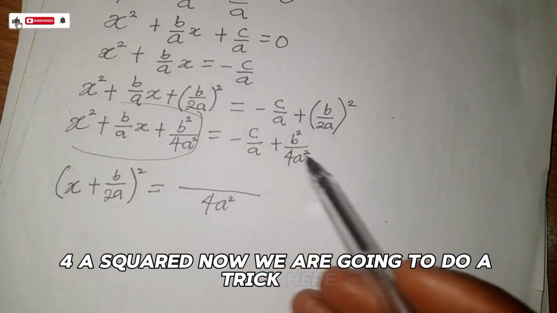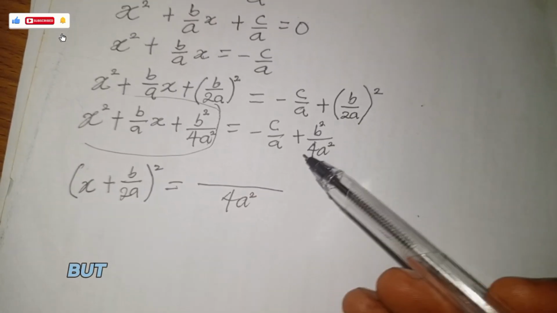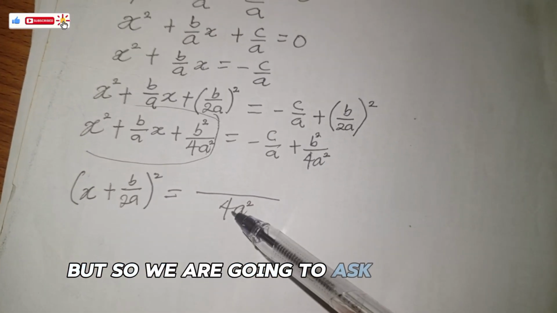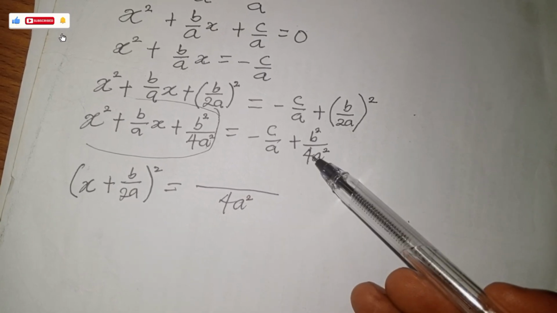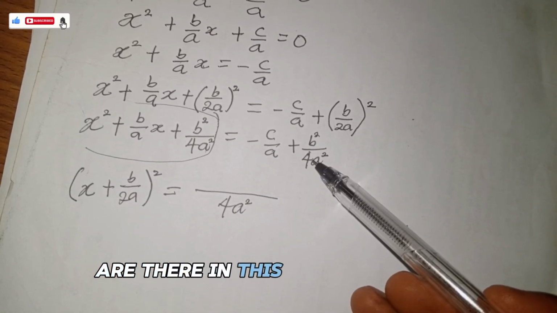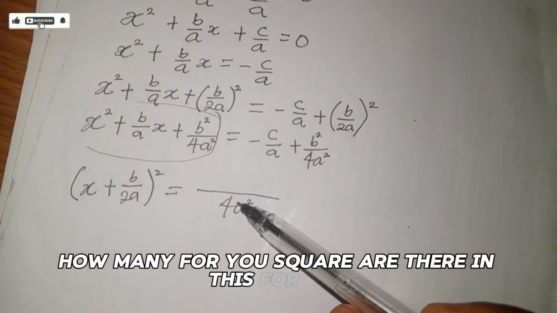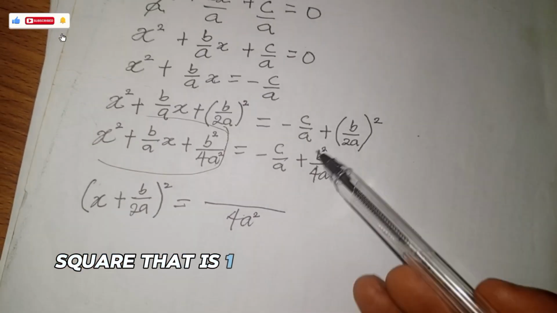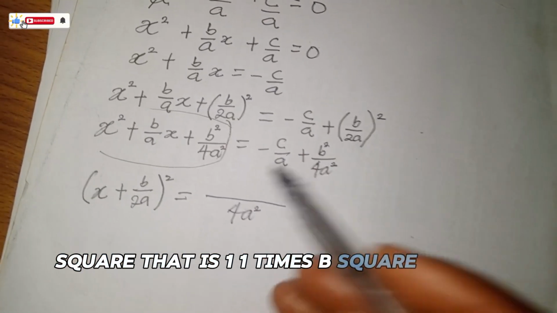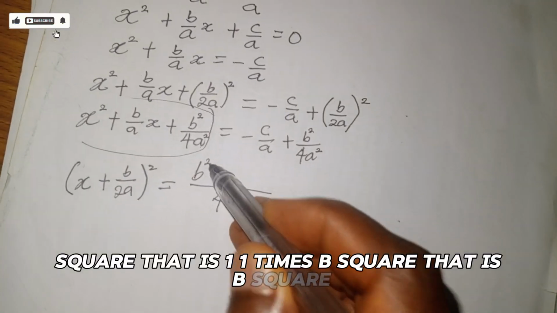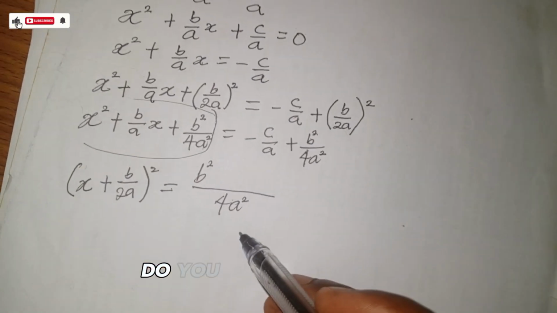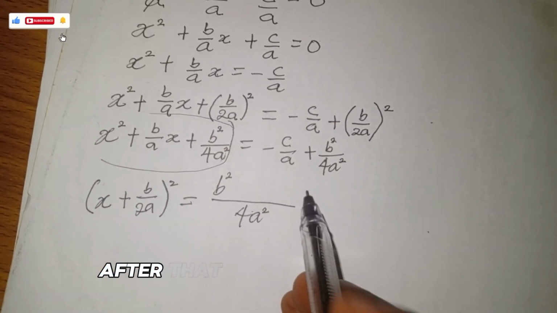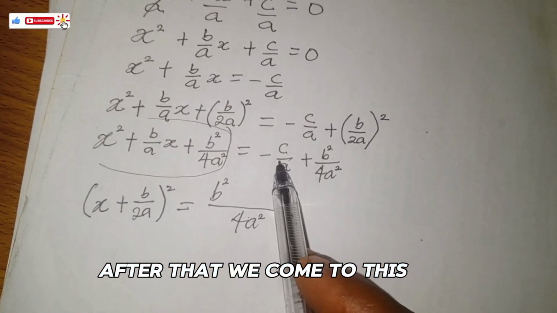Now we ask ourselves, how many 4a squared are there in this 4a squared? That is 1. 1 times b squared is b squared. Do you understand that?